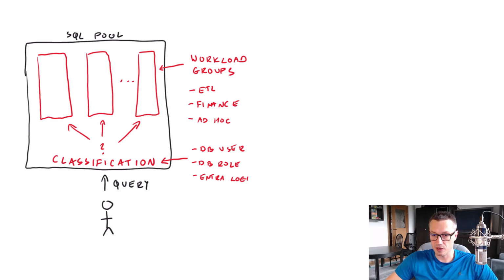Based on this login, if it is Piotr, if it is me, then I want to be assigned almost all resources. I want my queries to be executed as fast as possible. Maybe instead of individual logins, you would like to use Entra groups.